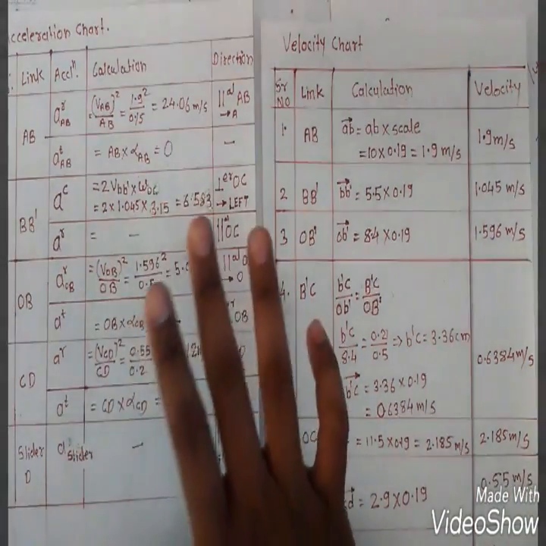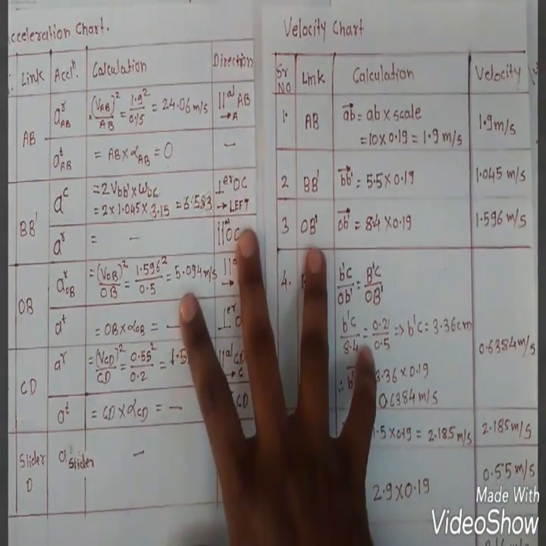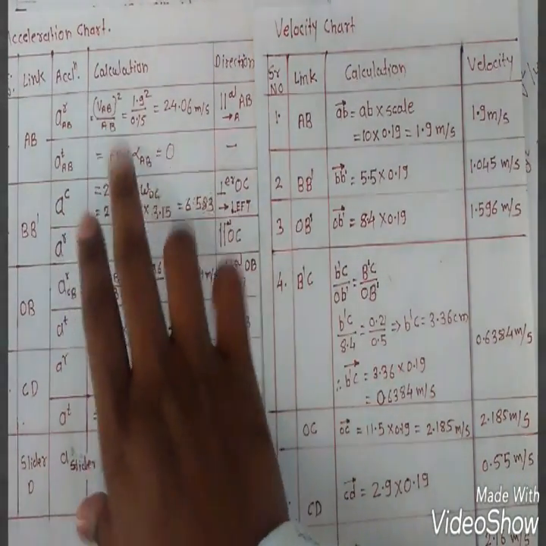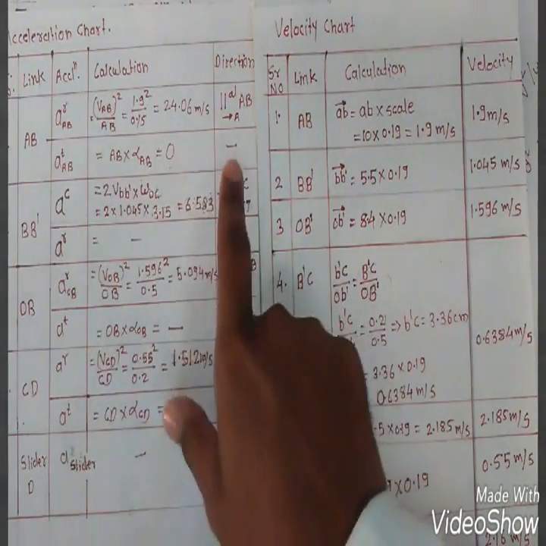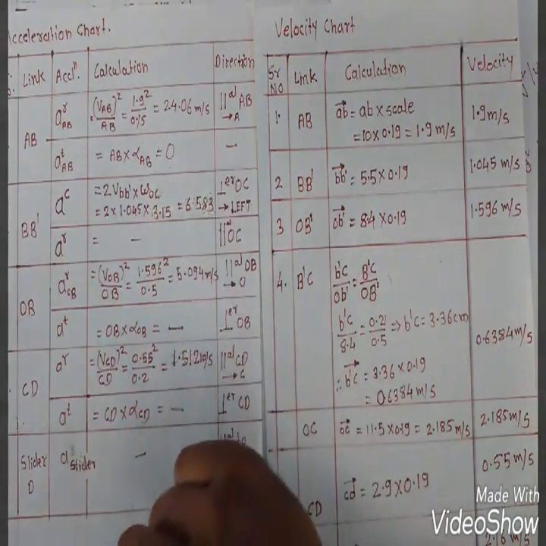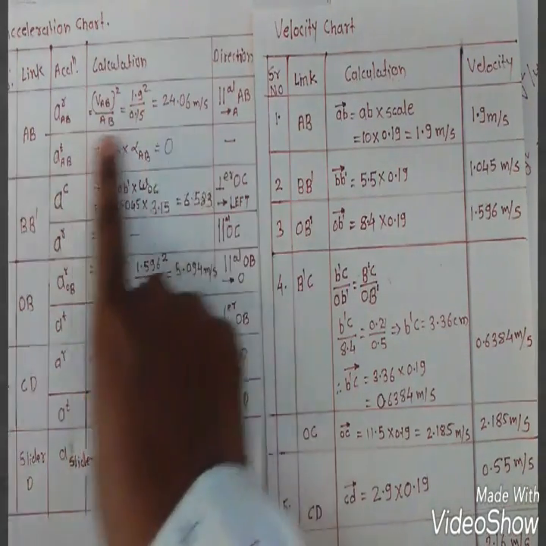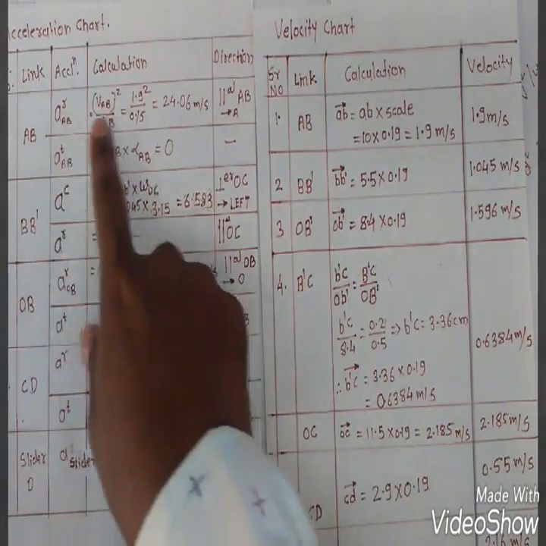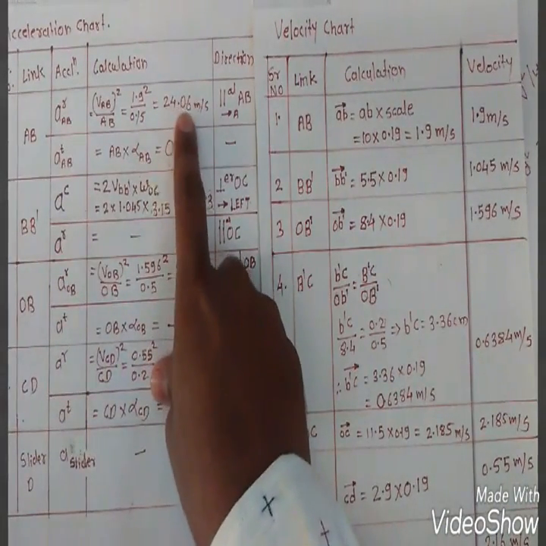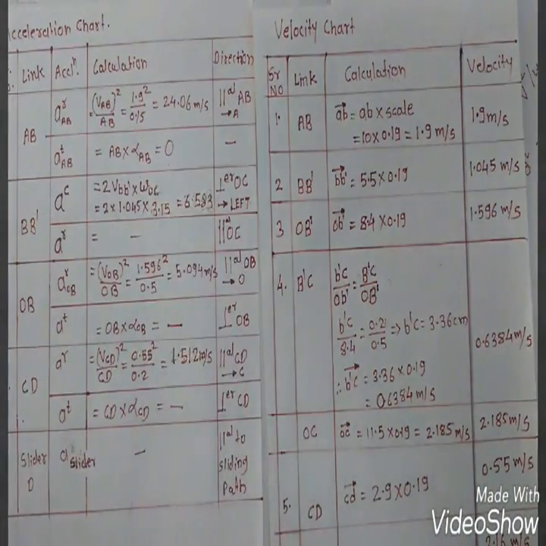For this calculation, we take each dimension in meter and velocity in meter per second, so that we get acceleration in meter per second square. For the first link AB, we get radial component 24.06 meter per second square.